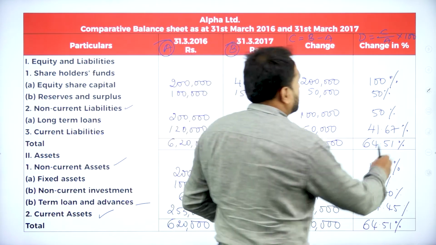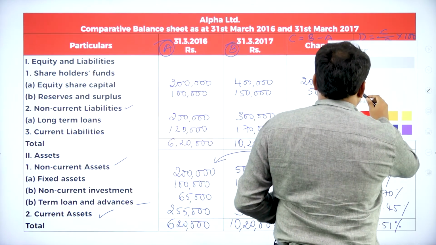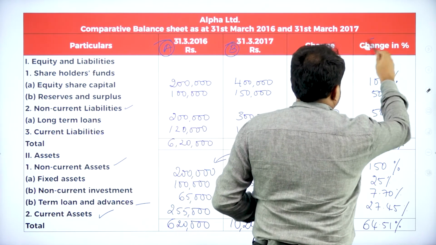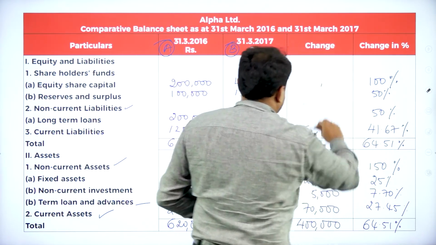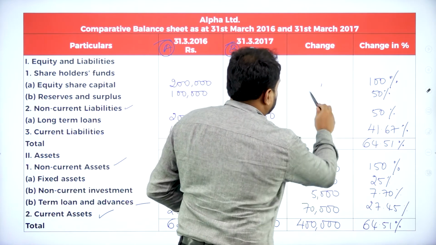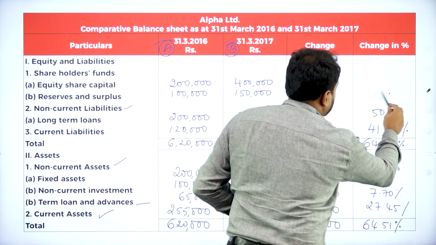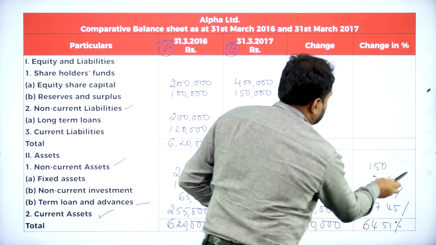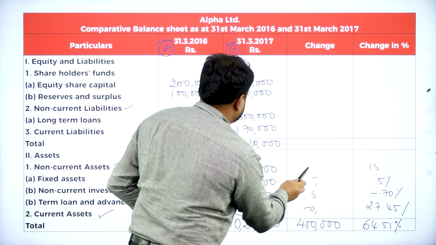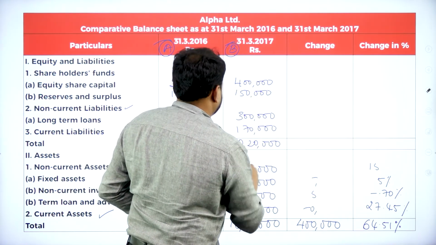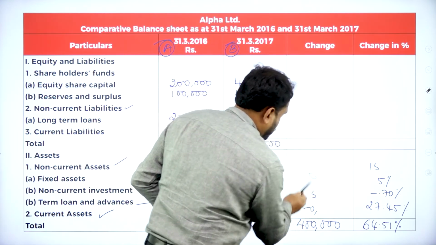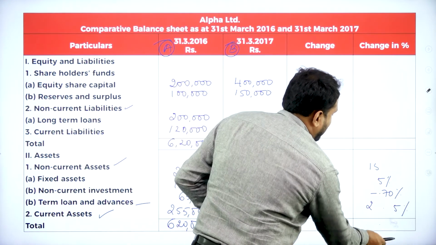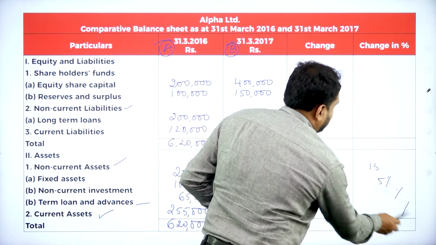Let me erase here. I'll just show it to you. Very simple. We are supposed to go with common size statement. All these you people already got to know, comparative statement, what exactly we are supposed to do.